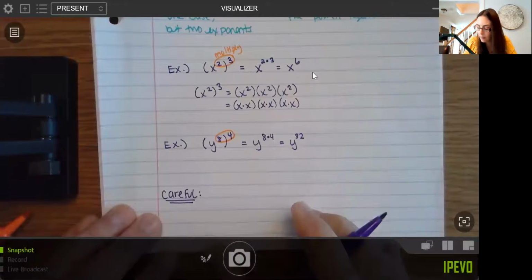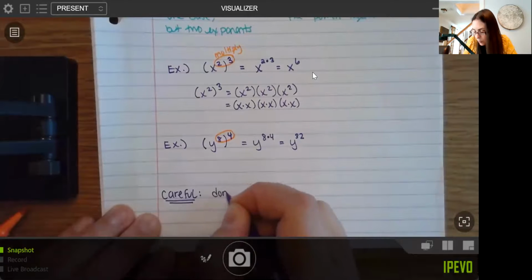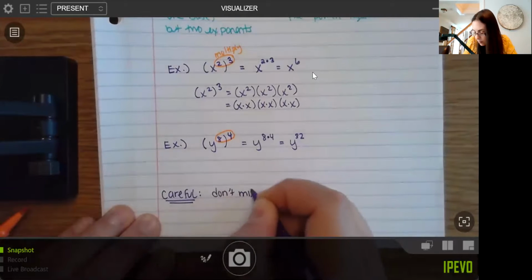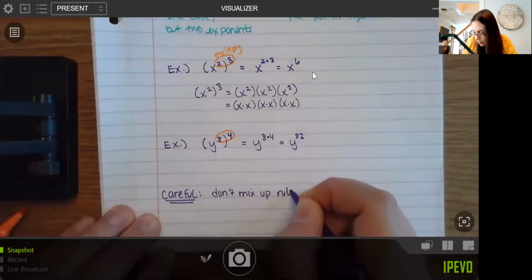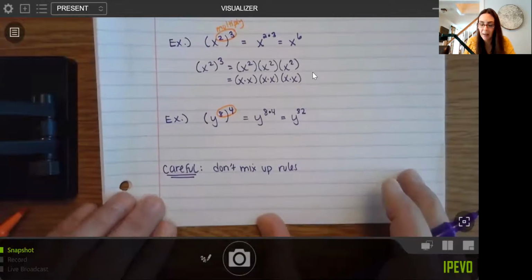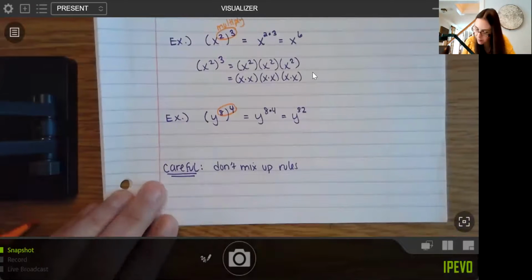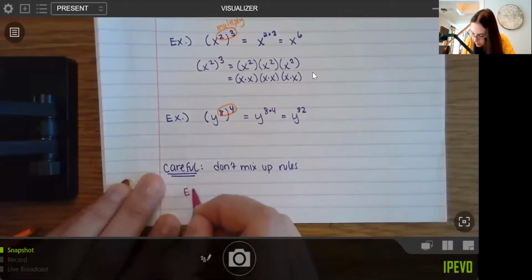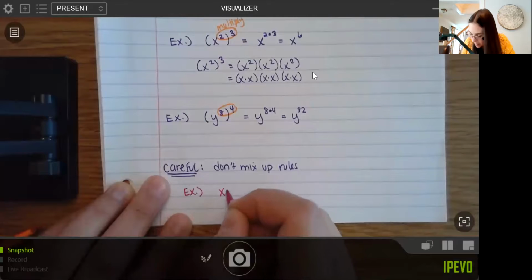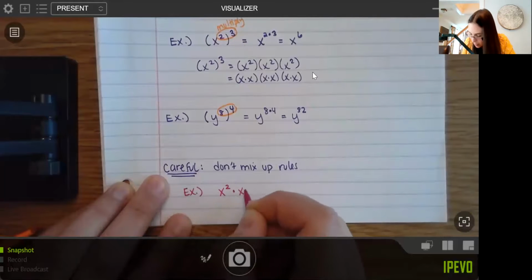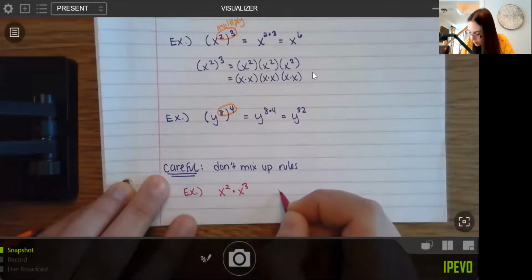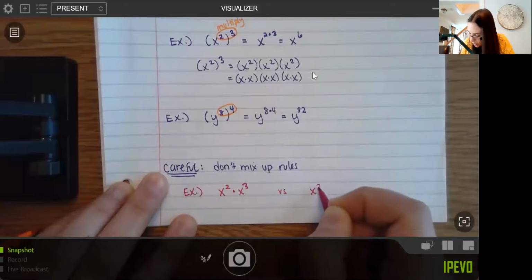I'm going to make a note to be careful and to not mix up these rules, which is really easy to do. So for instance, let's say I have x squared times x cubed versus x squared cubed.